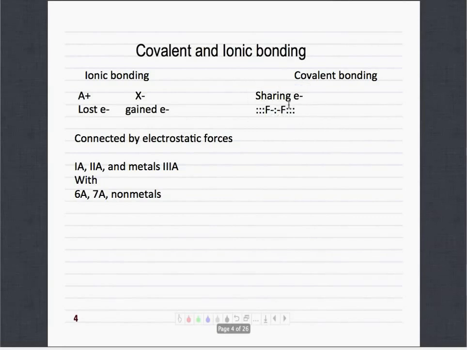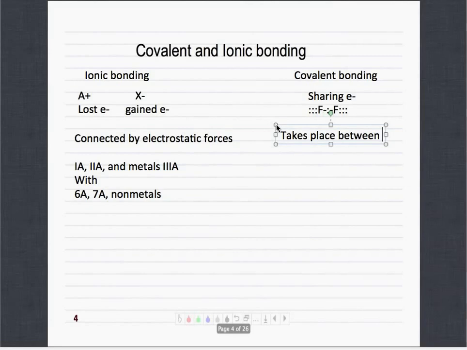They just share electrons between each other. Covalent bonding usually takes place among 4A, 5A, 6A, 7A elements, like 7A with 7A, which is fluorine, or some of the 6A with the 7A. Together they form these covalent bonds. And we're going to talk in more detail about how that happens and why.